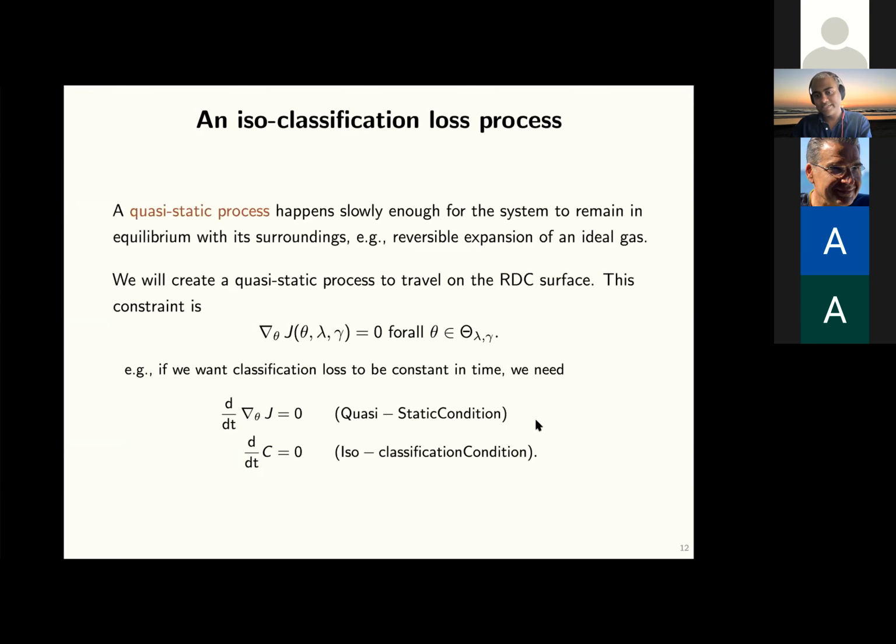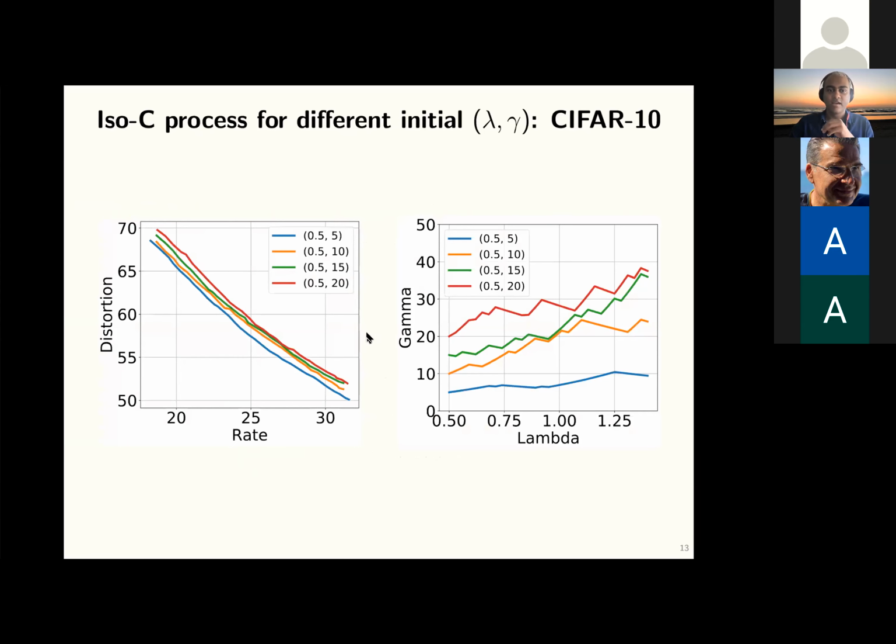You can also execute these processes pretty easily for large neural networks. It's not that easy, and the reason is because these Lagrange multipliers lambda and gamma are just scalar parameters. So you can take derivatives of these pretty quickly. Running these processes is not any harder than, let's say, training a standard variational neural network. Here is one example.